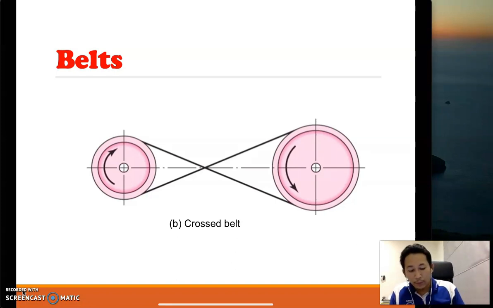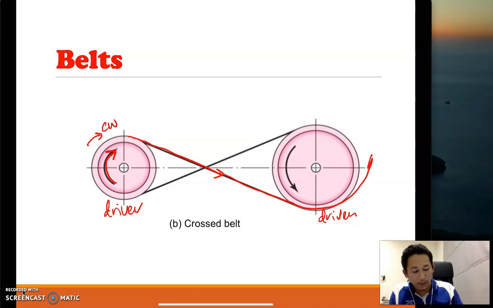Okay, if we look at our driver and also driven pulley, the driver will rotate clockwise, so this one will go there. So this is the rotation of the driven, counterclockwise.